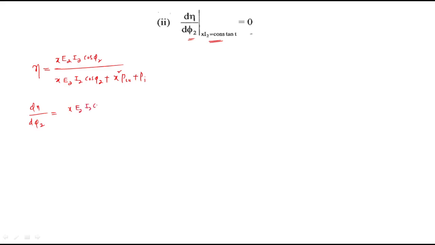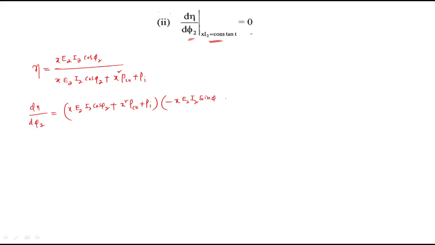Of course, we know the differentiation of this with respect to phi2. Into what? This part, right? Minus x E2 I2 cos phi2 differentiates to minus sin phi2.